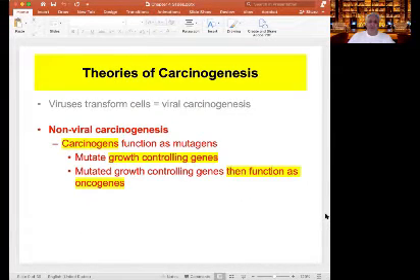So the alternative theory in the 1980s was the theory of carcinogenesis not caused by viruses. So these are the non-viral carcinogenesis theories. And they said that it's not a virus that's responsible for initiating cancers in tissues, but other agents.